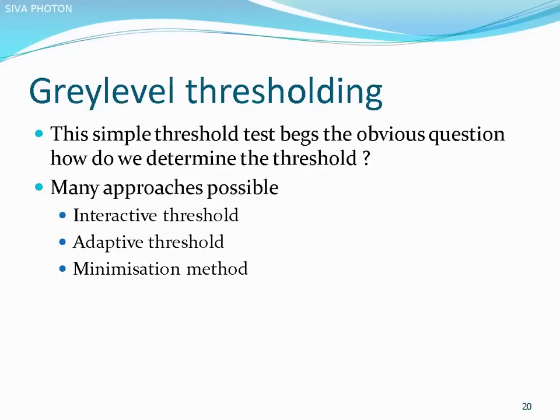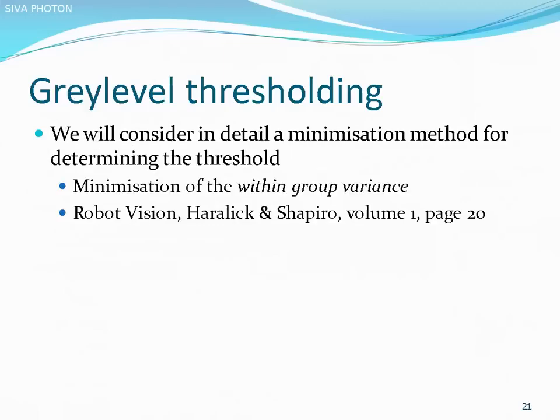Next, I said the threshold value was 200 for example. How do we decide that threshold value? There are many techniques to decide the threshold value, namely interactive threshold, adaptive threshold, and minimization method. Now we are going to see the minimization method for determining the threshold.